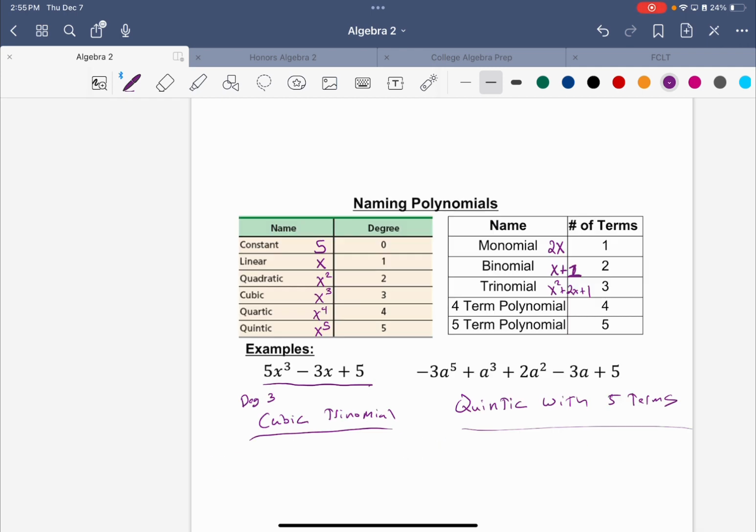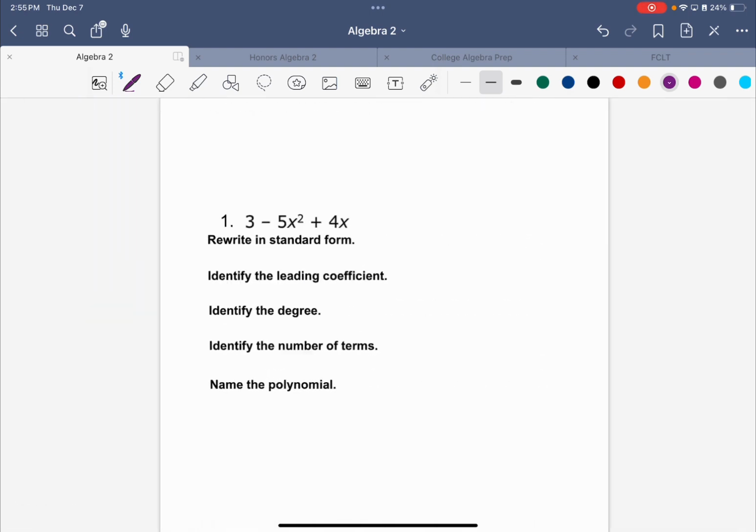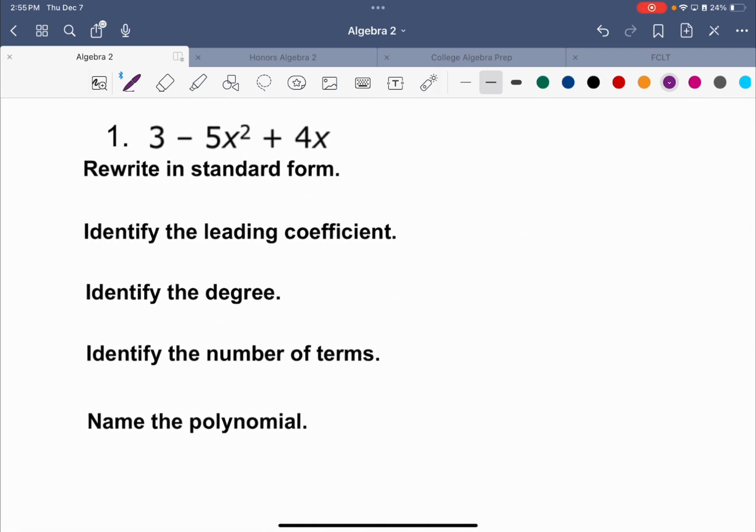All right, so now let's put all of those together in a couple of examples. Our first example, we've got 3 minus 5x squared plus 4x. The first thing tells us to write it in standard form.